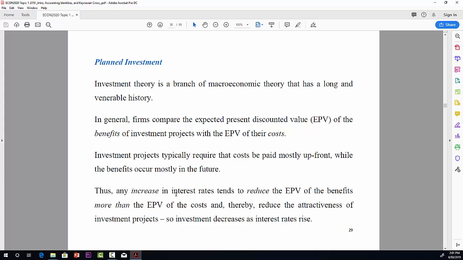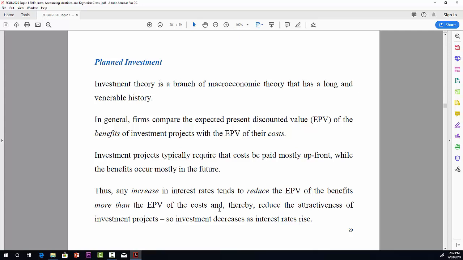Now, in the tutorial, we're going to go through a bit of a review on present value analysis, and you'll see that as interest rates go up, that reduces the present value of any project.